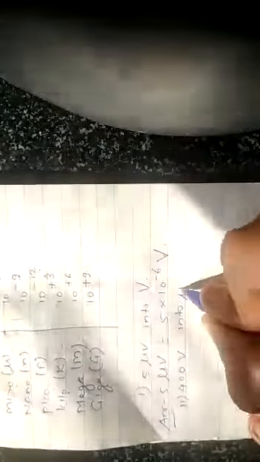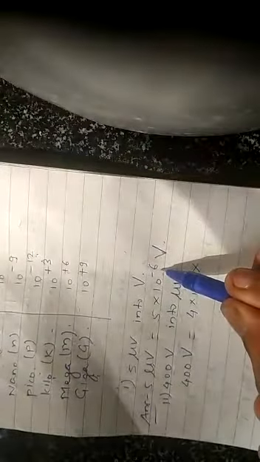Now suppose I ask you to convert 400 volts into microvolts, how can I do it? 400 volts is equal to 400. Now 400 means I can write it as 4 into 10 raised to 2 multiplied by, now volts to microvolts. While converting microvolts to volts, I was multiplying by 10 raised to minus 6.